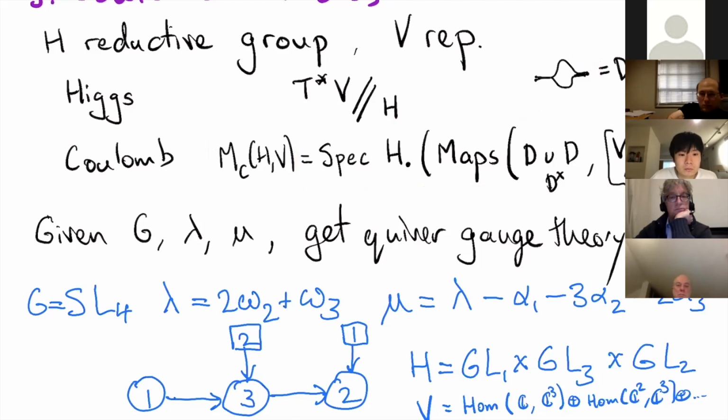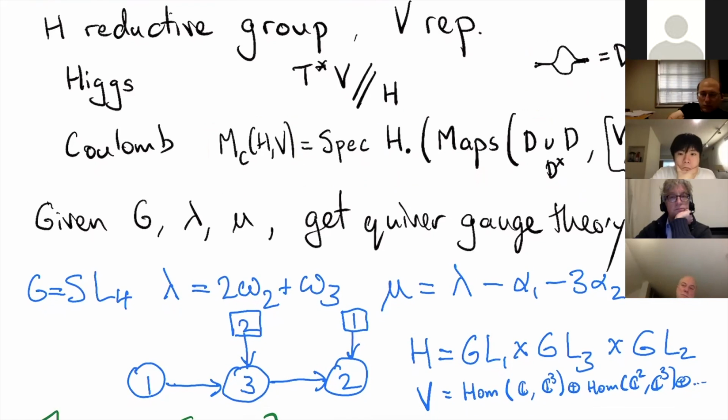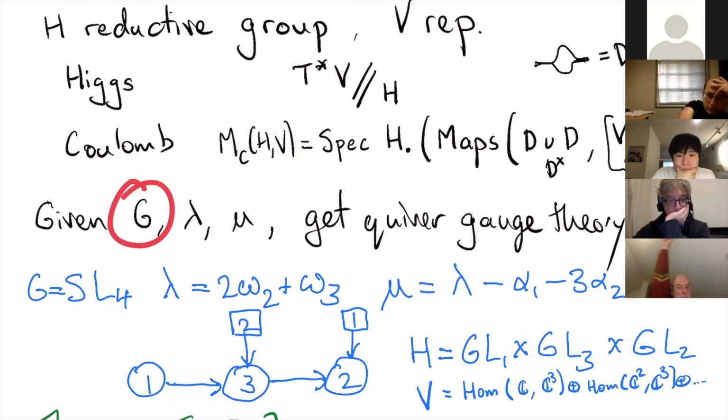So why is it relevant to us? Let's return to our situation from the beginning of the talk. We take our group G, we take our dominant weight lambda, we take our mu. What we do is we start by imagining we're defining the Nakajima quiver variety associated with this data. So we make a quiver, we do some framing given by lambda.